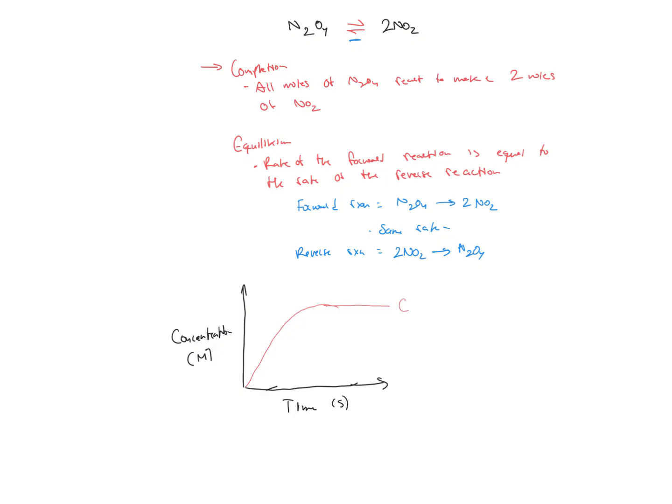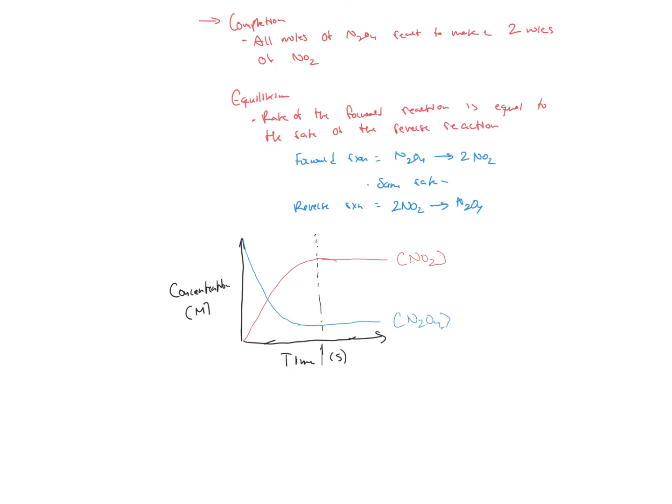It'll be flat. So this is a concentration of NO2. If that's increasing like that, what's going to happen to the concentration of N2O4 is that this is going to decrease until it also reaches a point where now the concentration is constant. And this is the concentration of N2O4.